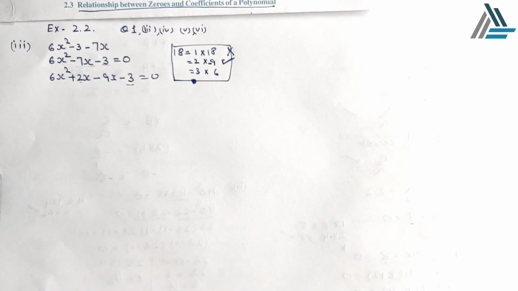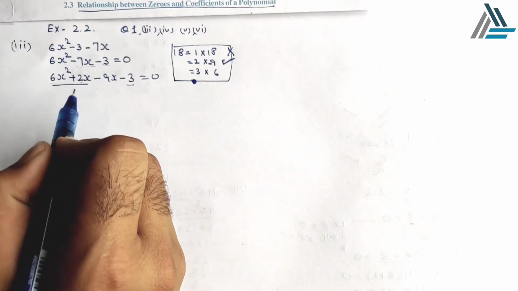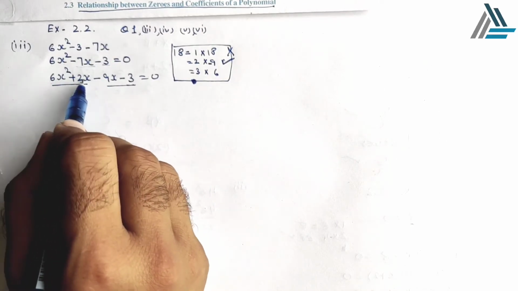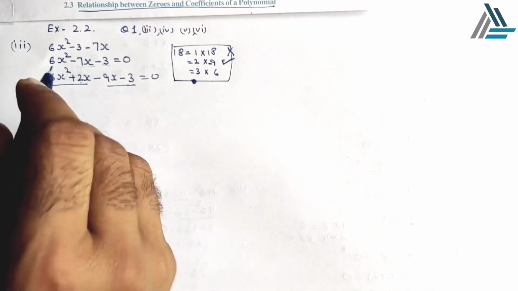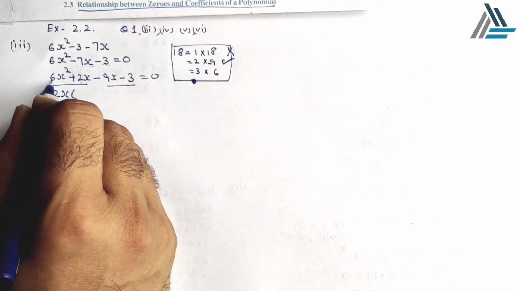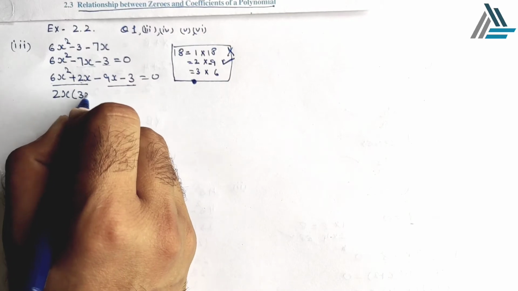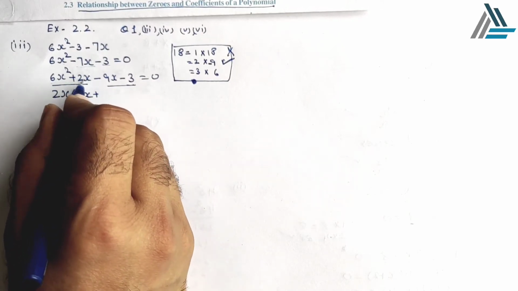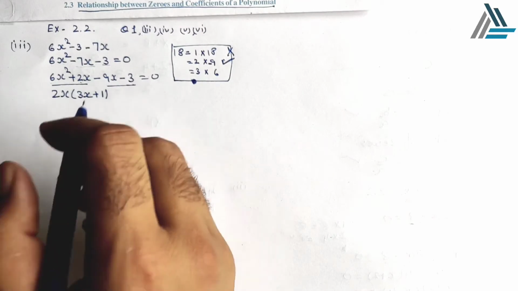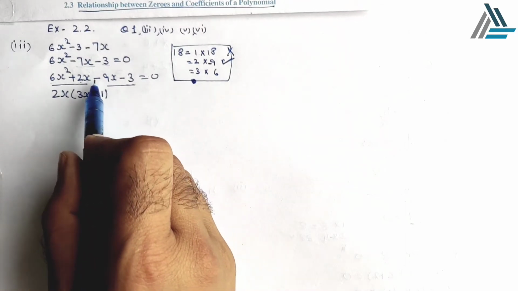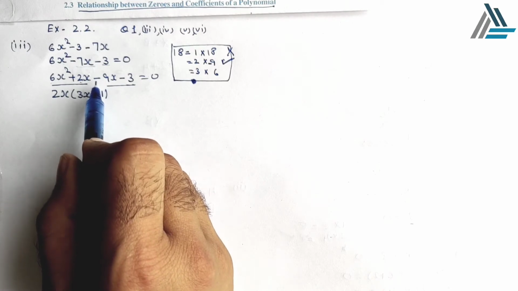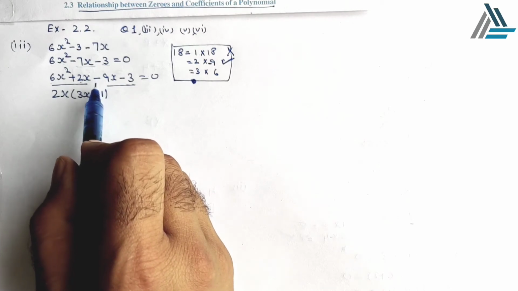Now we have to take the common factor from the first two terms and the last two terms. From the first two terms, 2x is common, then we get 3x and 2, so 2x(3x plus 1). One thing more, we always take the sign as common: if there is minus then we take minus common, and if there is plus we take plus.